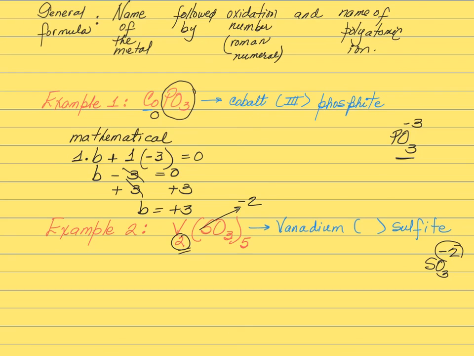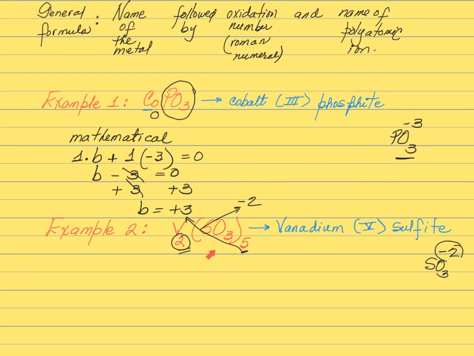That 2 that you have over here is coming from the sulfite. So this 5 over here is coming from where? From the vanadium. This is one of the cases in which you can use the undoing approach because the oxidation numbers are not multiples. So this is the name of this ionic compound, vanadium(V) sulfite.